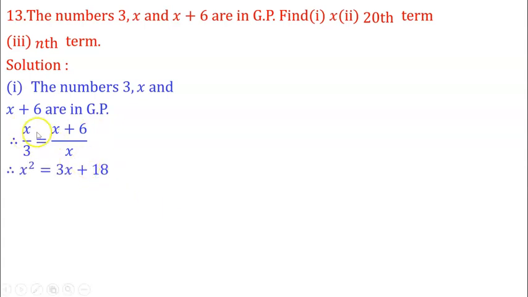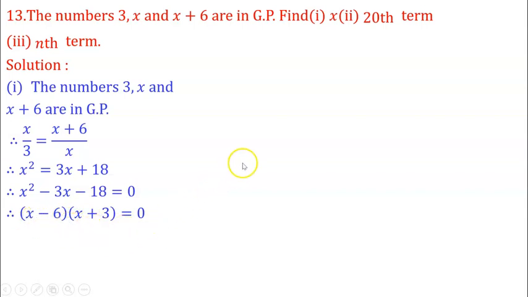After cross multiplication, x into x, you will get x square. x plus 6 into 3 means 3x plus 18. This is a quadratic equation: x square minus 3x minus 18 equals 0. Its factors are (x minus 6) into (x plus 3) equals 0. Therefore, x minus 6 equals 0 or x plus 3 equals 0. Therefore, x equals 6 or x equals minus 3.